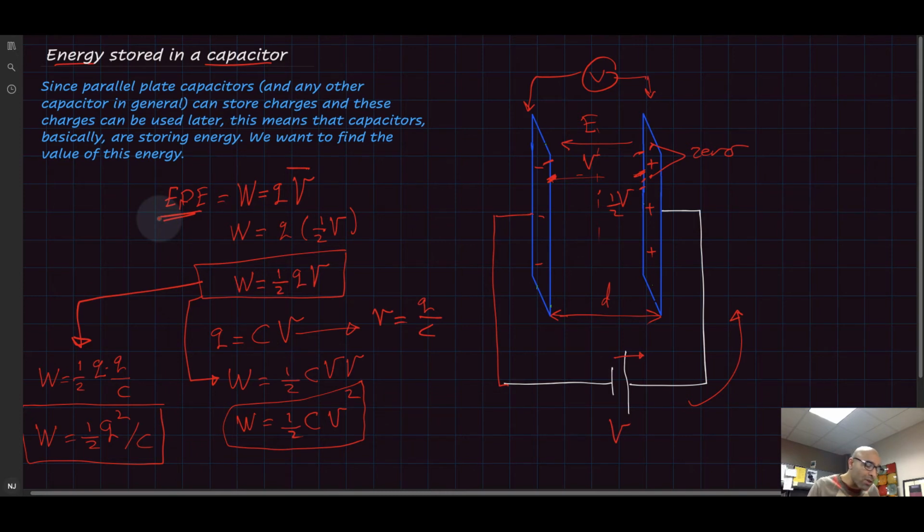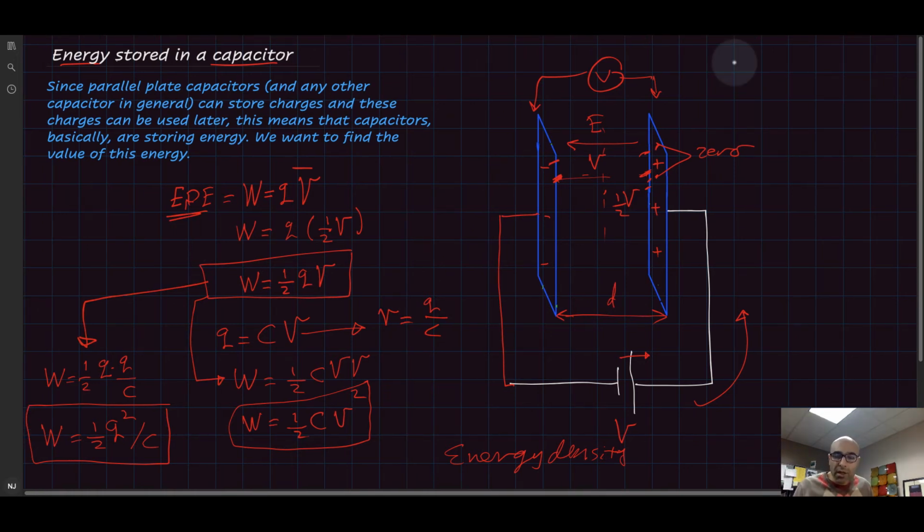So we came up with another quantity that we need to study, which is the energy density. The energy density is more useful than the energy in general. Why? Because capacitors have sizes. We need to know how much energy we can store per volume of the capacitor. All right? And let's do that.